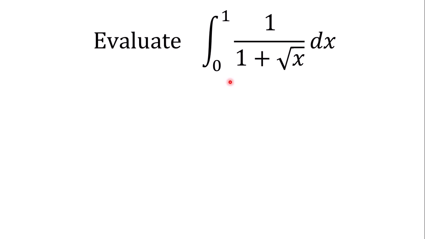You can either let the whole of 1 plus square root of x be equal to U, or let square root of x be equal to U, and then you continue from there.